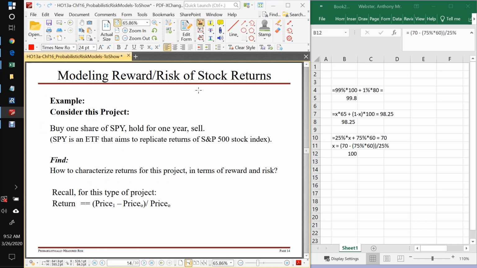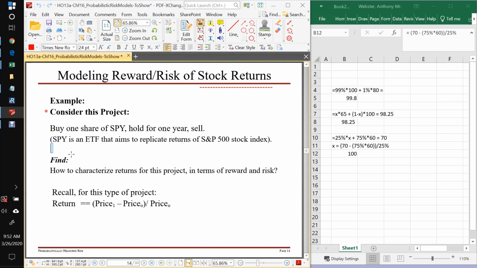Okay, so now let's take a deeper dive into stock returns and how we want to model the risks and rewards of stock returns. So let's start with a very straightforward project. We're going to buy 1 share of the SPY ETF, hold it for 1 year and sell. And as we know, the SPY is an ETF that aims to replicate the returns of the S&P 500 stock index.